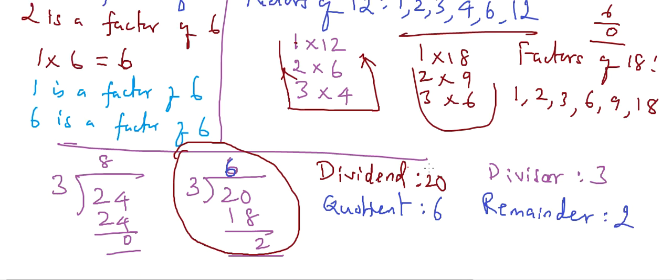Let's suppose you call the dividend capital D, and this is small d, and this one small q, and this is R. So dividend equals divisor into quotient plus remainder.